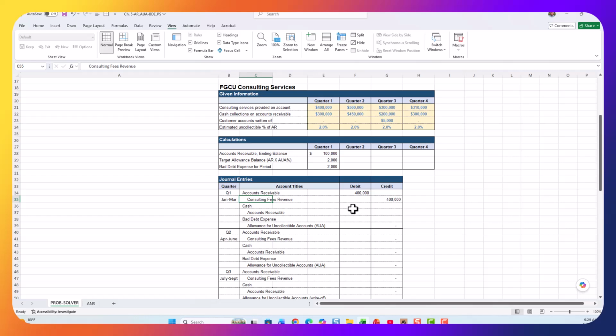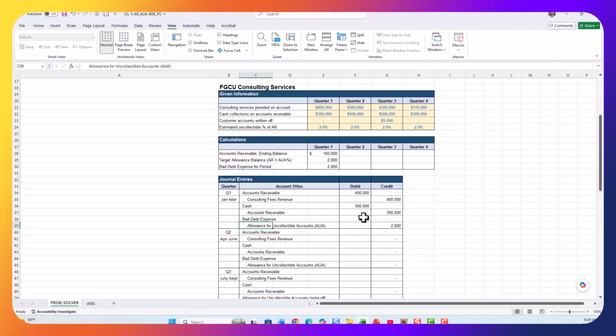To record our cash collected, we'll debit cash for $300,000 and credit accounts receivable for $300,000. Finally, we'll record our adjusting entry needed for bad debt expense and to update the AUA account by debiting bad debt expense for $2,000 and crediting the allowance for uncollectible accounts, or AUA, for $2,000.